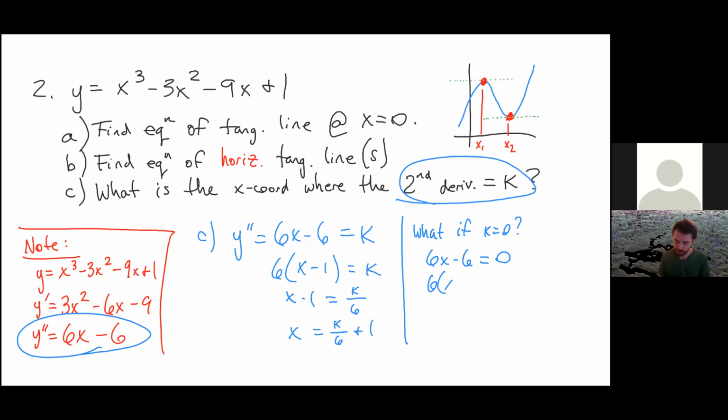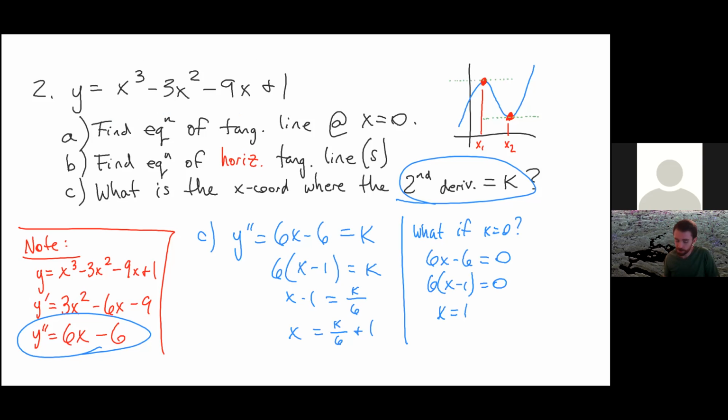Again, could pull the 6 out and divide by 6. That's like saying x equals 1. And if you were to graph this thing, well, I don't know if you guys know the graphical interpretation of the second derivative yet, but it would make sense.